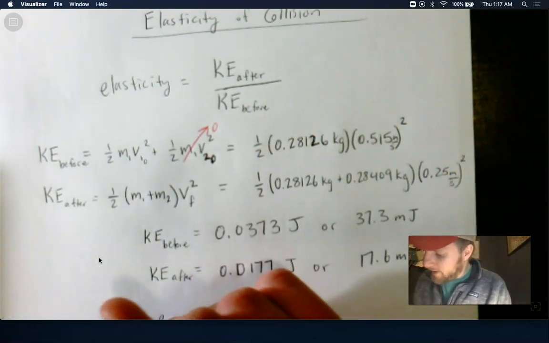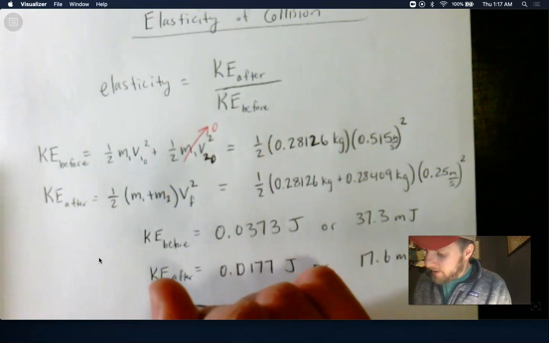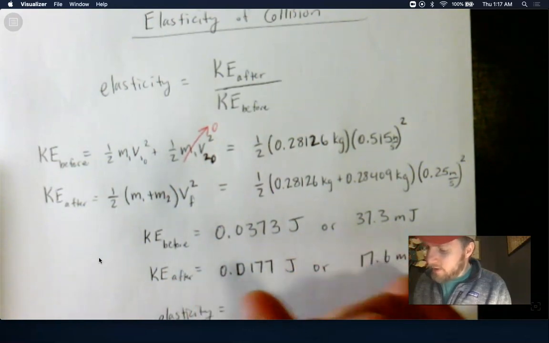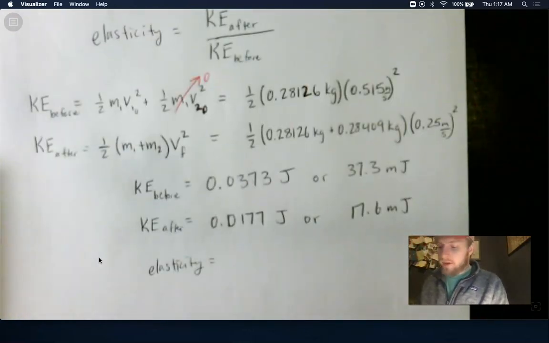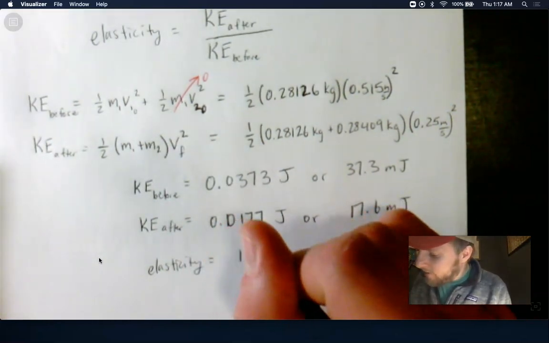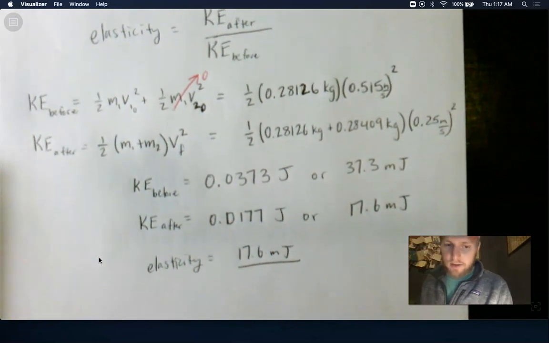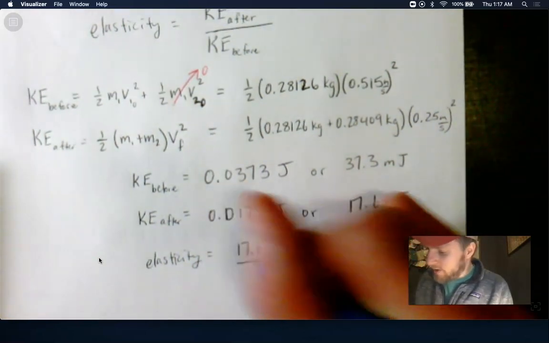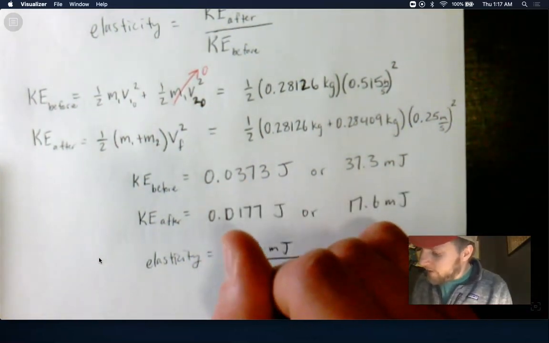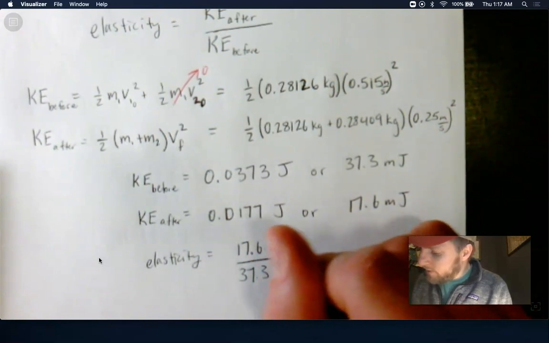So we'll look at the elasticity, and it's just a ratio of how much you have. So we'll go 17.6 millijoules. Keep in mind you could use any unit there because they're going to end up canceling. It's just a ratio over 37.3 millijoules.